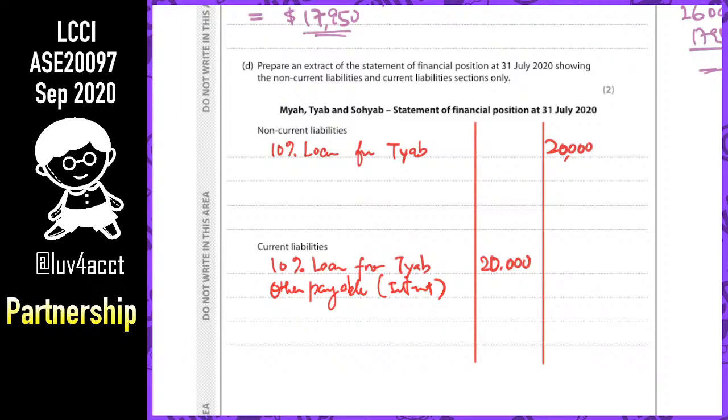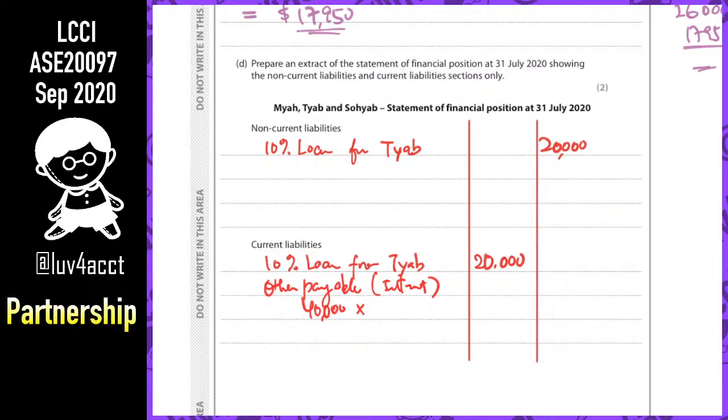Okay, so the loan is made on the 1st of November. And this year, the first year, for 9 months, you have borrowed 40,000. Okay, 10%, and then for 9 months. This amount you have to pay together with the first installment of the loan.